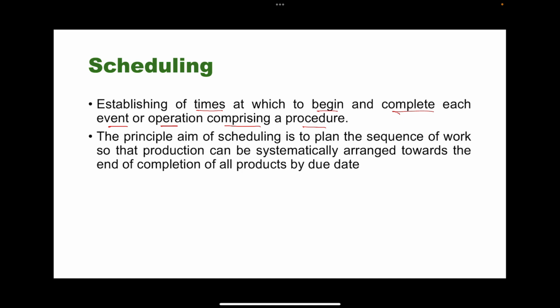The principal aim of scheduling is to plan the sequence of work so that production can be systematically arranged towards the end of completion of all products by due date. So now let us understand this with the help of an example.